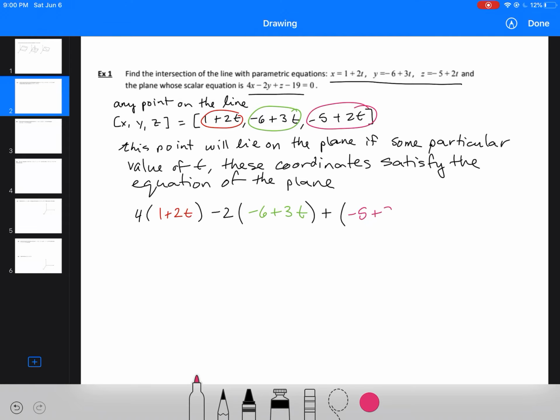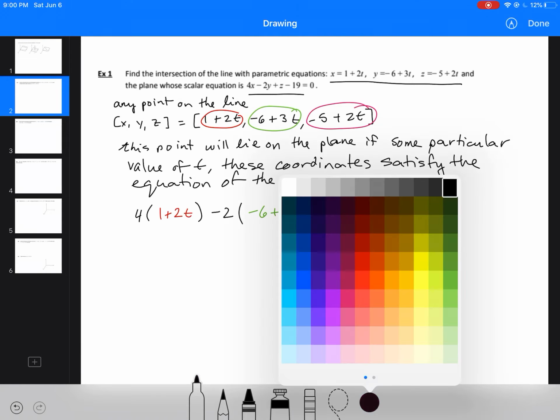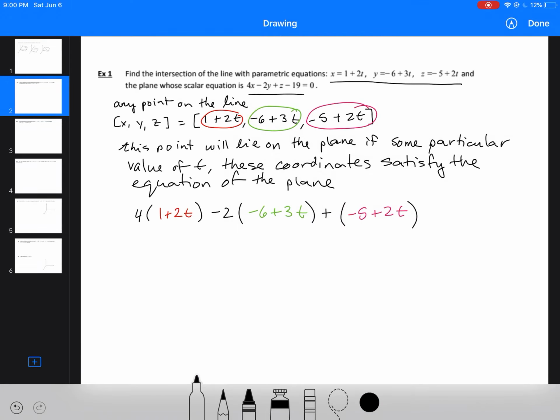Minus 5 plus 2t. So all I'm doing is taking my parametric equation of the line and substituting it into my scalar equation of the plane. So expanding, simplifying, and collecting like terms, you should end up with 4t minus 8 equals 0, and then t equals 2.